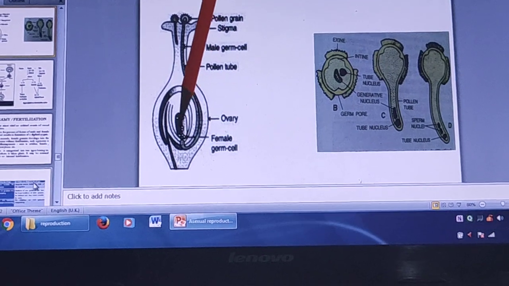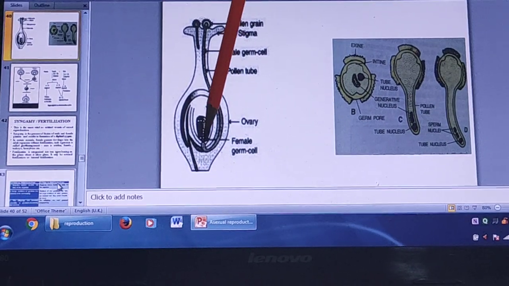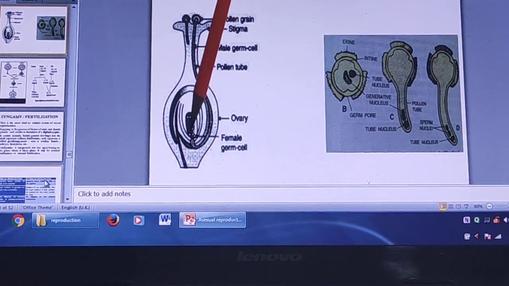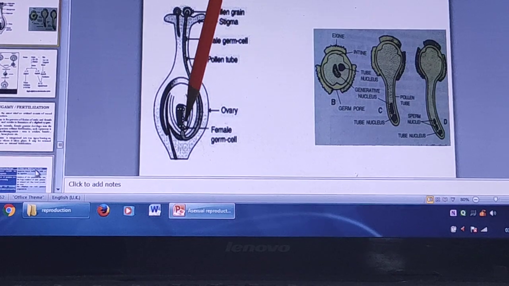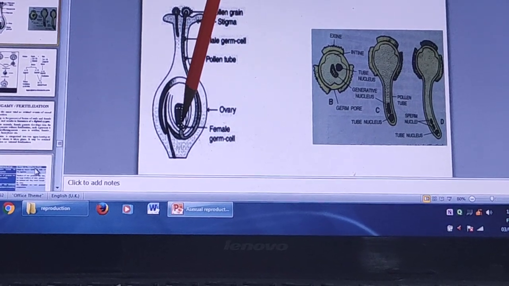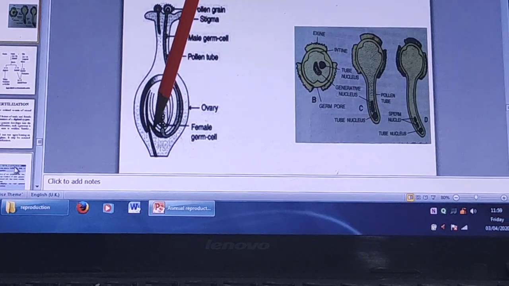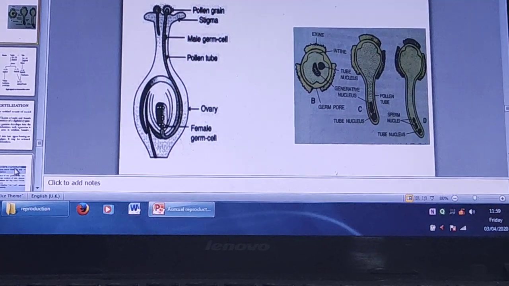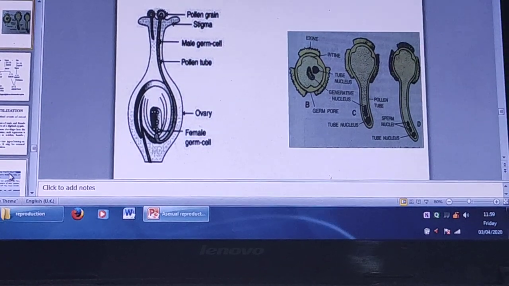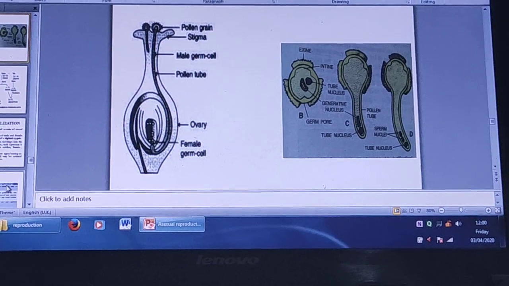And when the pollen tube reaches the ovule, it releases the male gamete. Here it discharges the male gamete. Inside this ovule, the egg is present. When the tip of the pollen tube breaks, it releases the male gamete so that the male gamete can come closer to the female gamete, and that leads to the fertilization process.